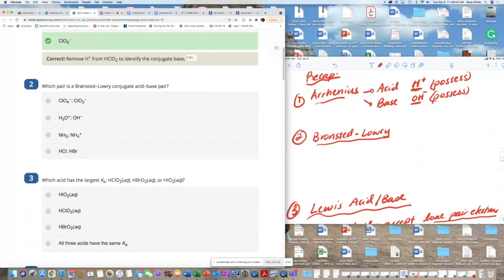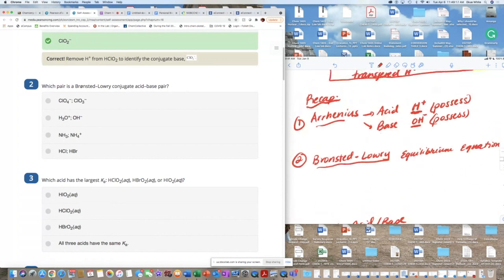They tend to deal with equilibrium equations. While we're looking at this in the overview, please notice most Arrhenius equations are one-way equations with the arrow looking like this, okay?